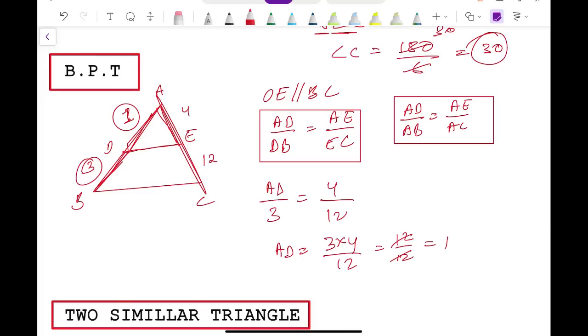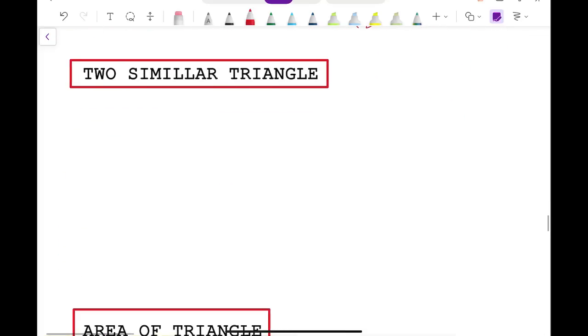Now we have another property, the similarity of two triangles. If two triangles are similar, then let's say this is ABC and this is DEF.